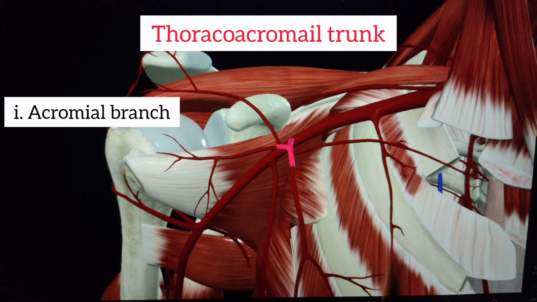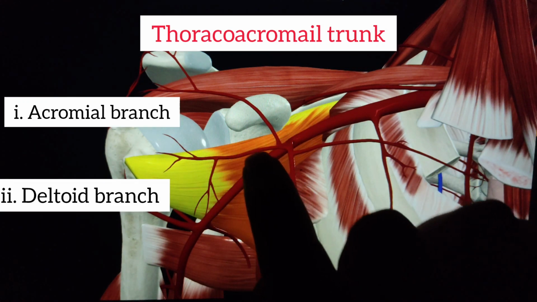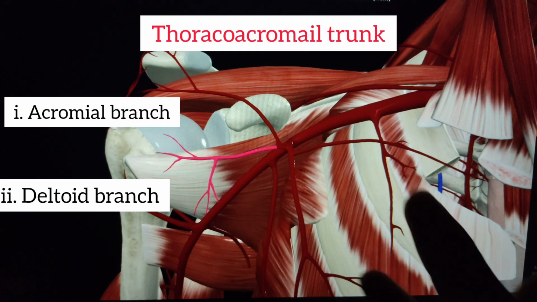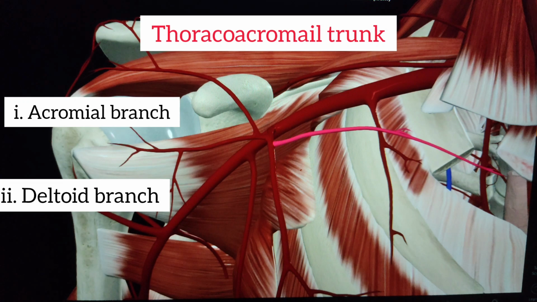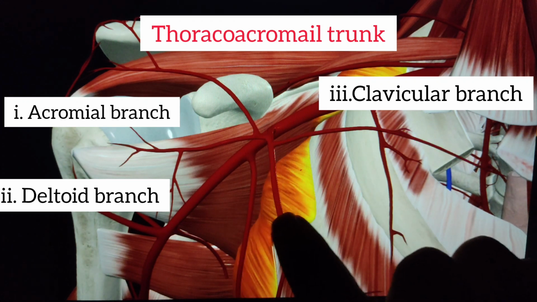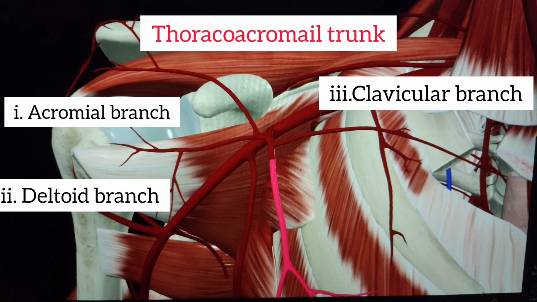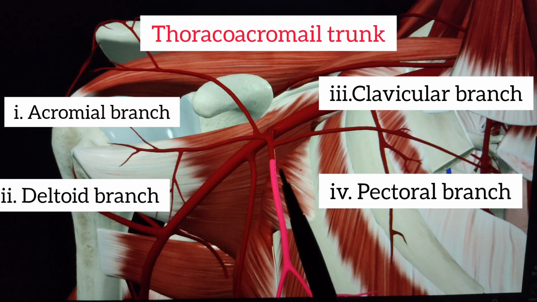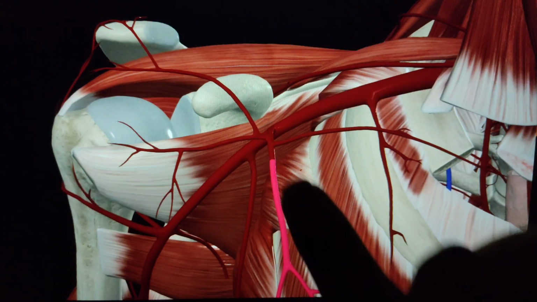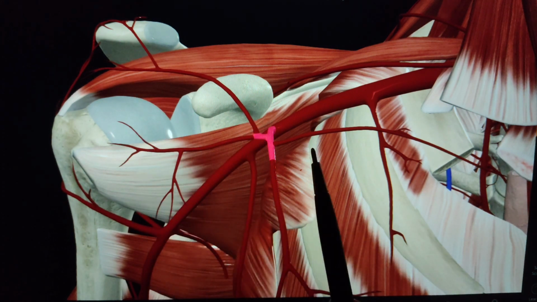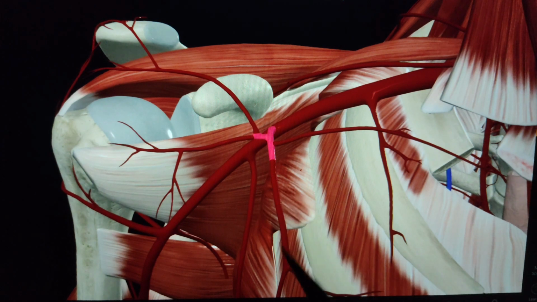The part that runs toward the deltoid region is called the deltoid branch. The part that runs to the clavicle is called the clavicular branch, and the part which runs toward the pectoral region is called the pectoral branch of the thoracoacromial artery. So we have four branches from the thoracoacromial artery: the acromial branch, the deltoid branch, the clavicular branch, and the pectoral branch.